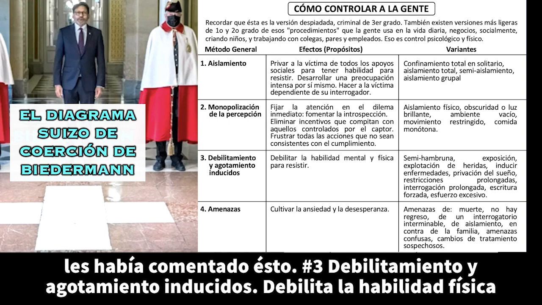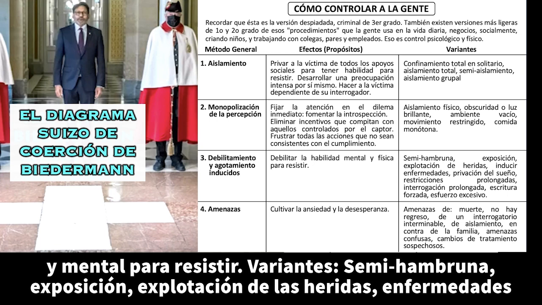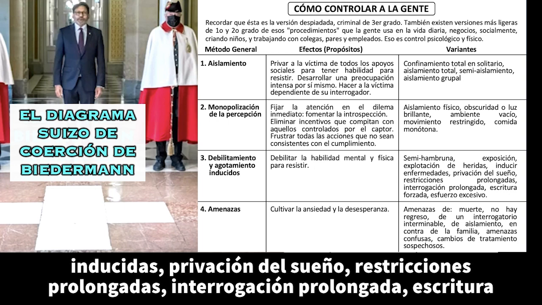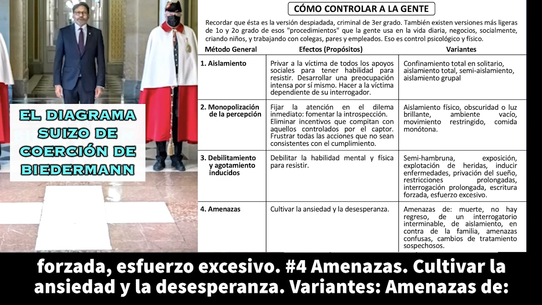Number 3, induced debility and exhaustion, weakens mental and physical ability to resist. Variants: semi-starvation, exposure, exploitation of wounds, induced illness, sleep deprivation, prolonged constraint, prolonged interrogation, forced writing, overexertion.